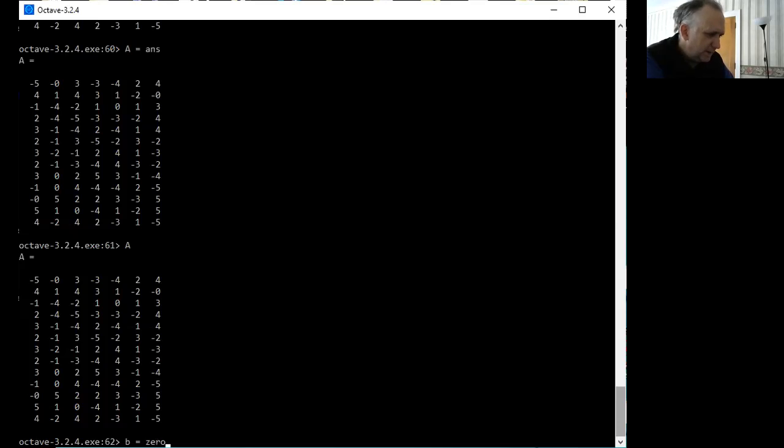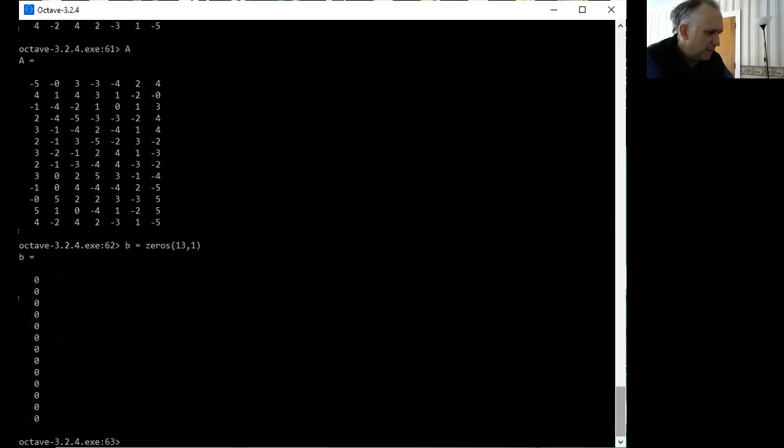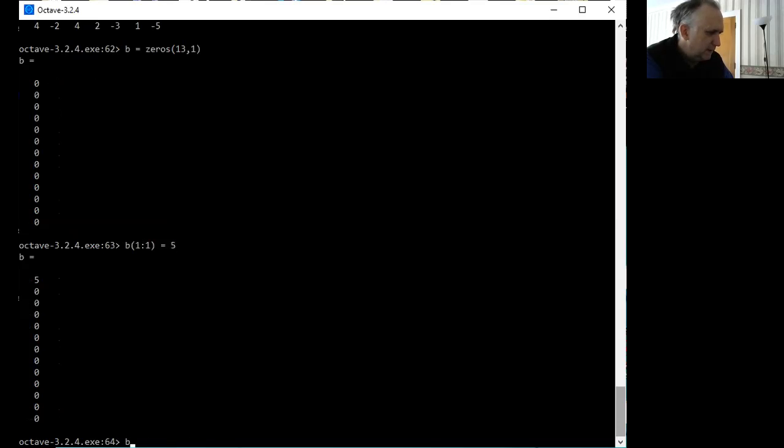You could go B equals zeros and make it 13 by 1. Now we don't want it all 0, so let's set B of 1 equal to 5 and B of 5 and 6 equal to 10.